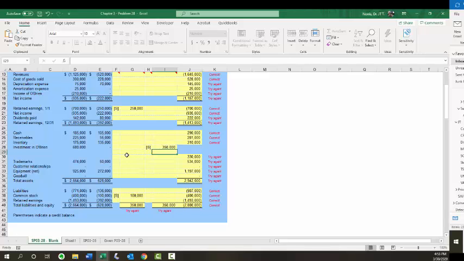The A entry is increasing the trademark by 100,000, increasing the customer relations by 75,000, and reducing, by crediting, the equipment by the 30,000.